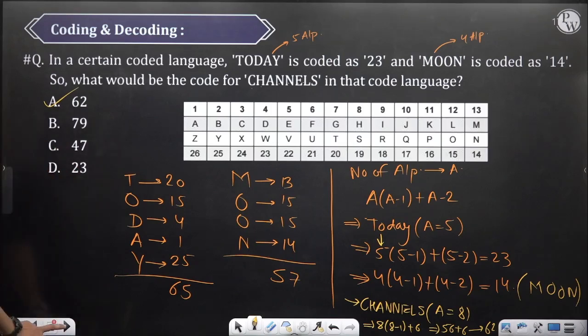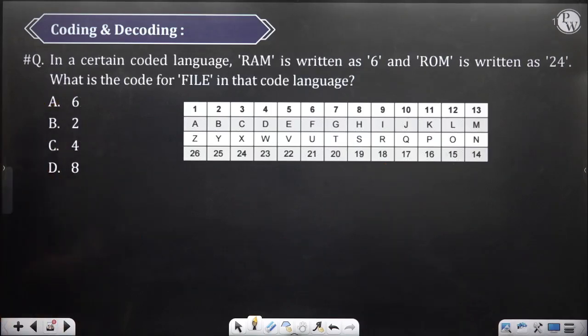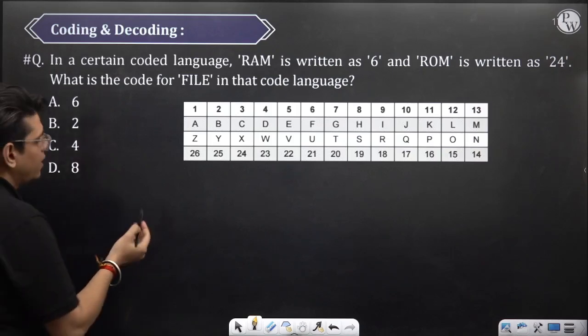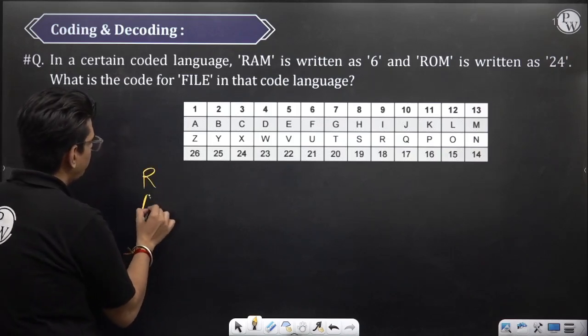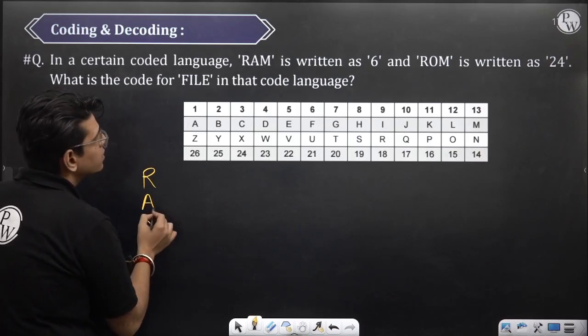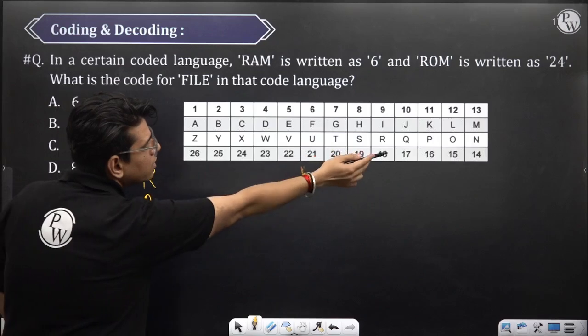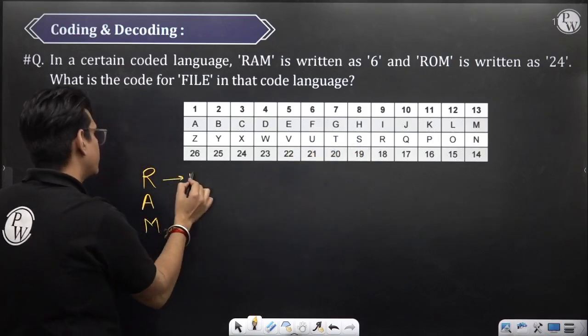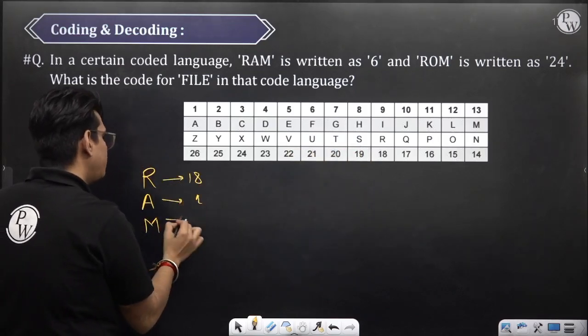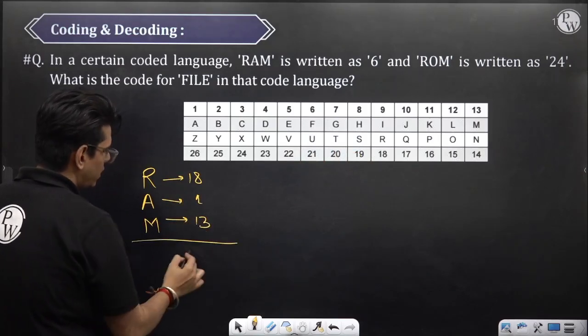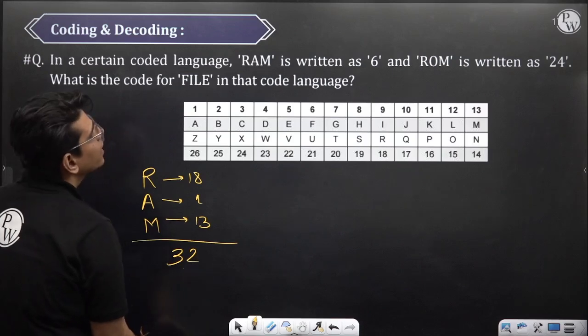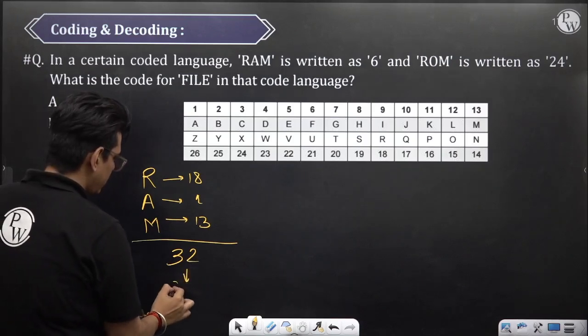Okay? So the next question: in a certain coded language, RAM is written as 6 and ROM is written as 24. Let's find out RAM first of all. R is 18, A is 1 and M is 13. So the sum is 32. For 32 we are getting 6, which is 3 into 2.